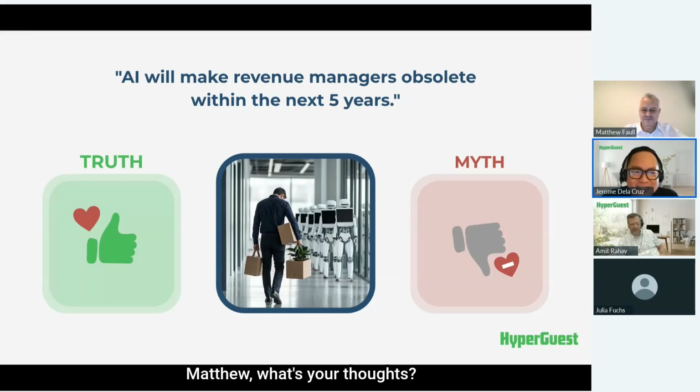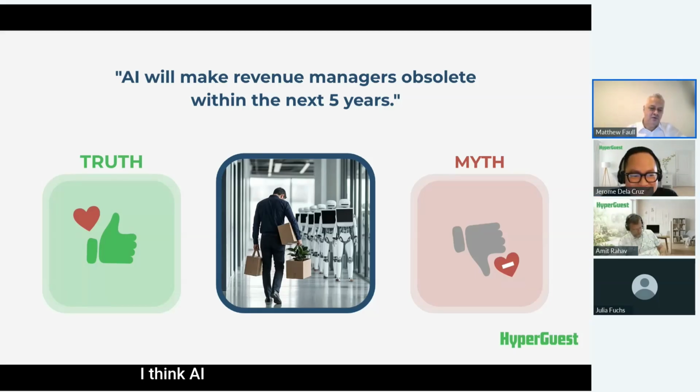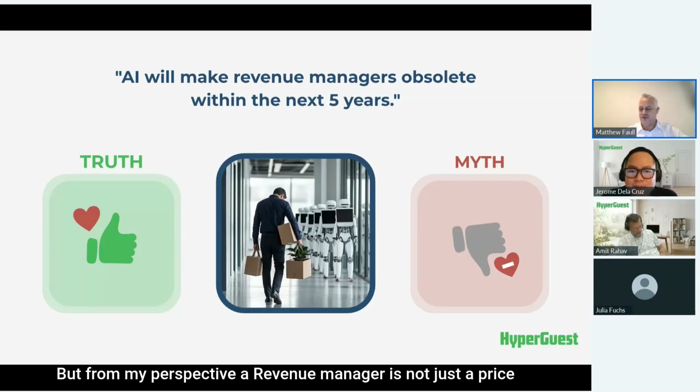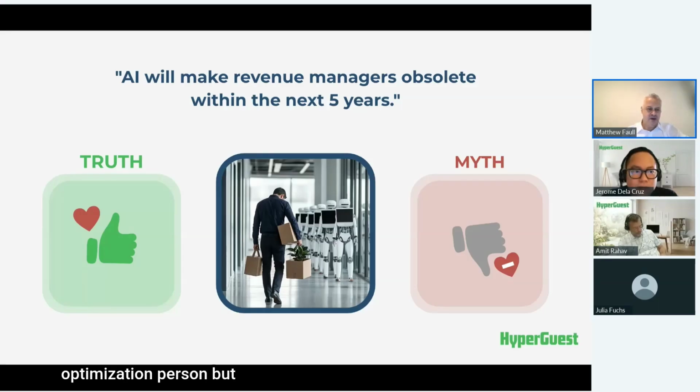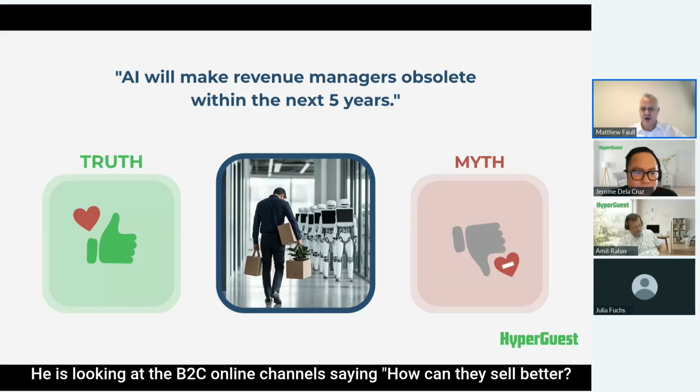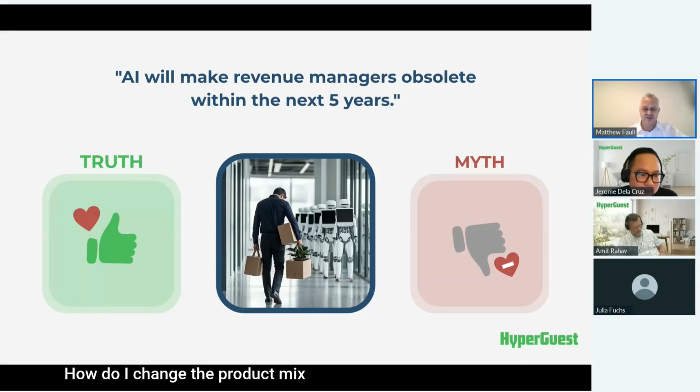Matthew, what's your thoughts? I think AI will allow revenue managers to do more and perhaps handle more properties. But from my perspective, a revenue manager is not just a pricing optimization person, but he is looking at all segments of the hotel. He is looking at the B2C online channels saying, how can they sell better? How do I change the product mix or the incentives or the product design?